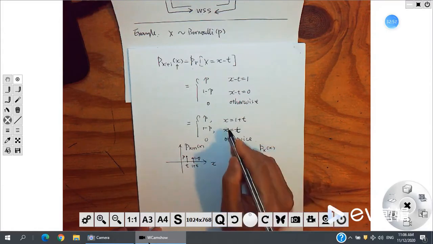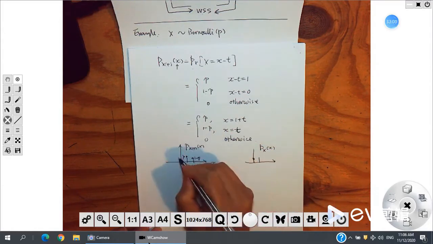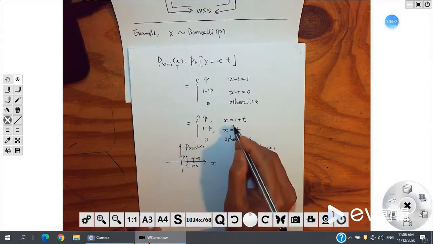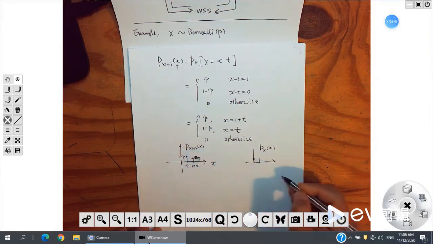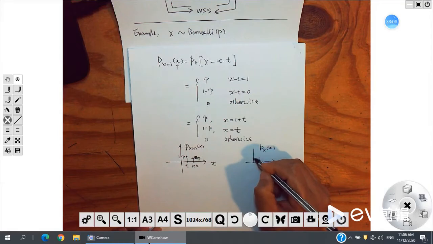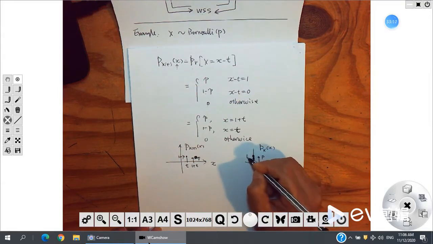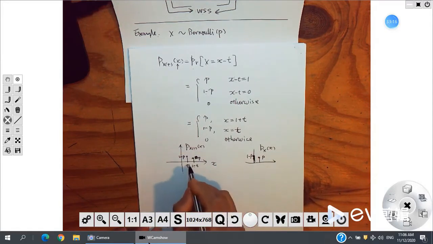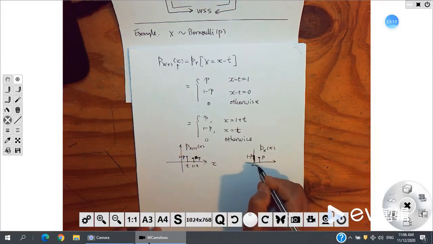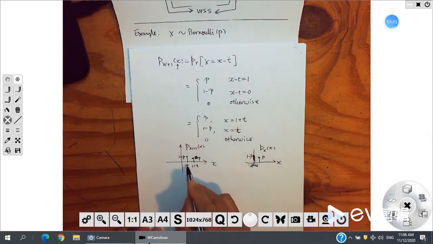Sorry, I put the wrong one. At t it is 1 minus p, and at 1 plus t it is p. Here should be p. So this is p and 1 minus p, shifted by t. Here is t equal to 0, here x equal to 0, and here x equal to t.